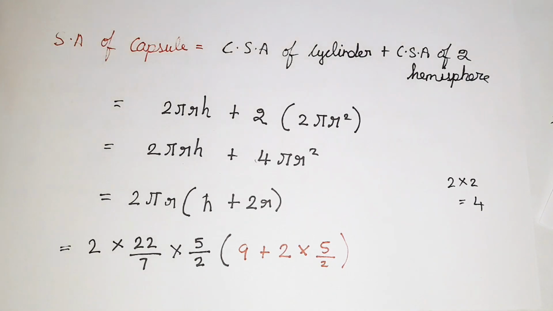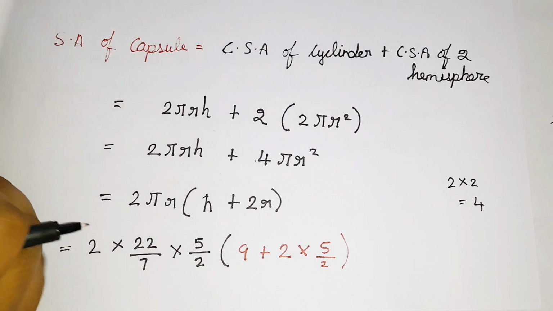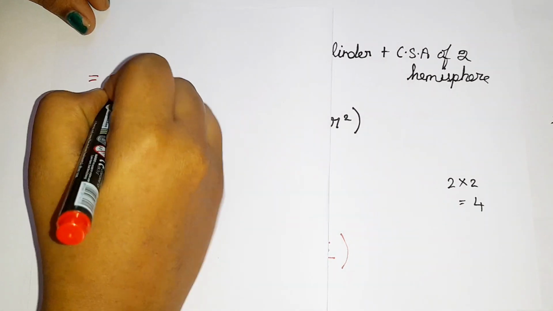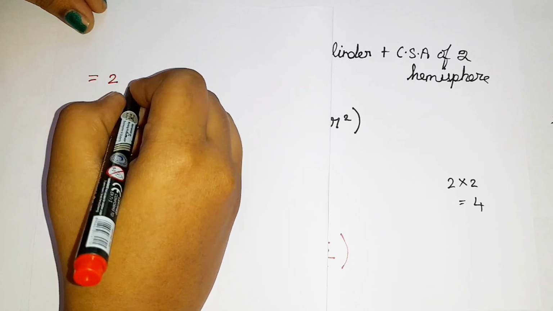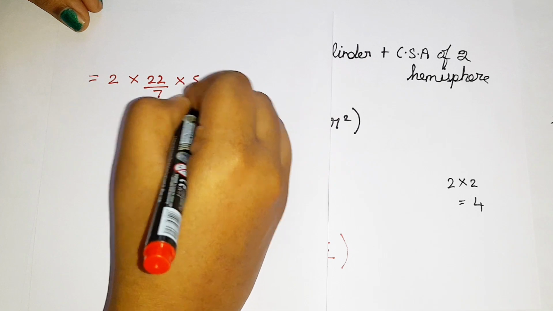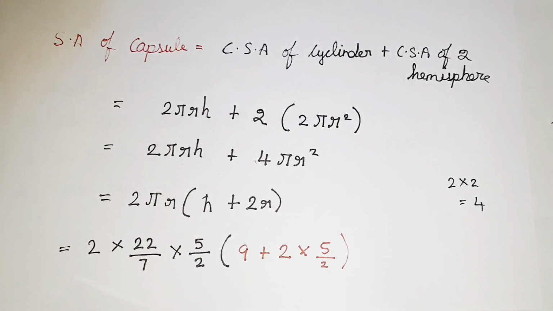Now let us take another paper and copy it there. So I have 2, then I have 22 by 7 into 5 by 2, then 9.